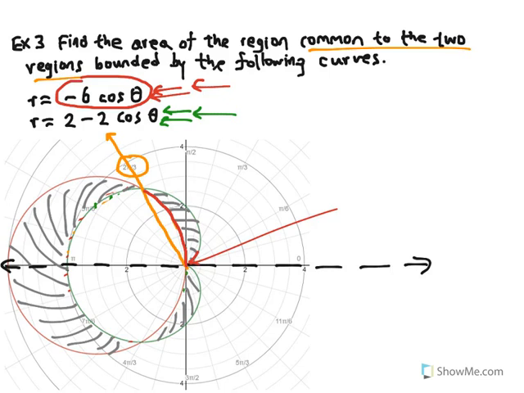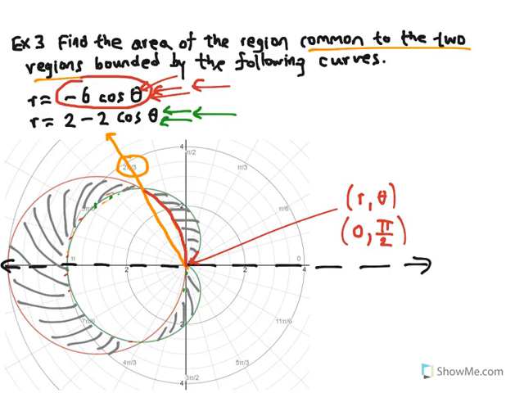And also we have to consider for what value of theta do we have a point on the circle at the pole. Well, when theta is equal to pi over 2, cosine of pi over 2 is 0, and negative 6 times 0 is 0. So we have the point r theta on the circle with theta is equal to pi over 2 and r is equal to 0. So that's a point at the pole for the circle.